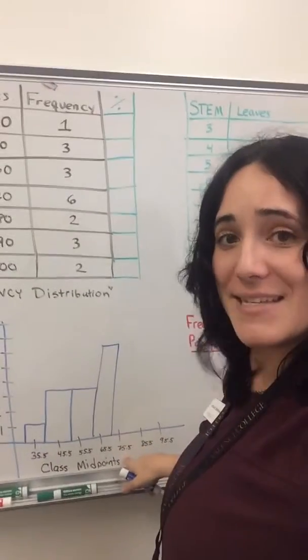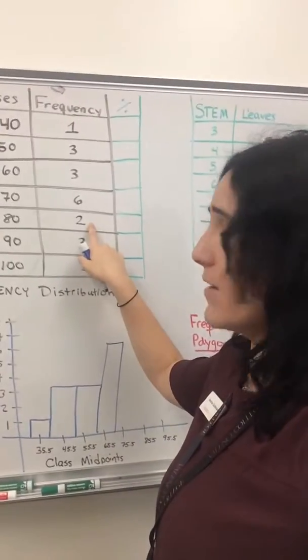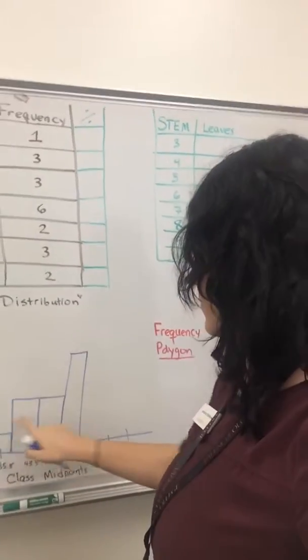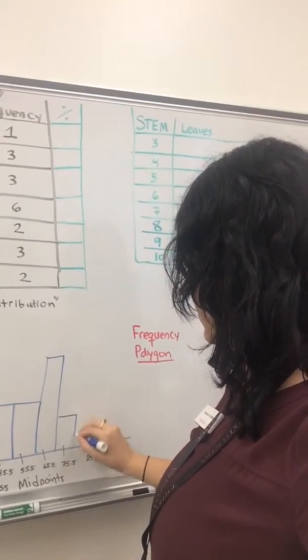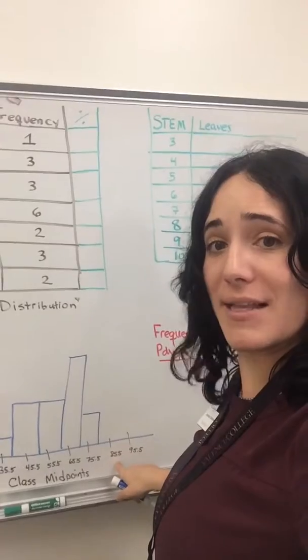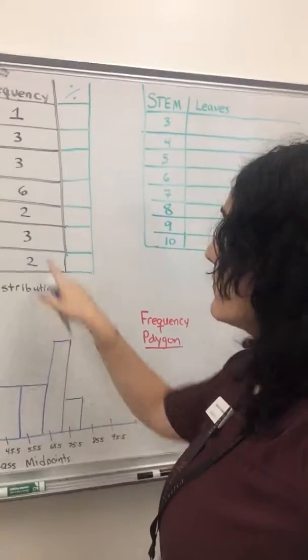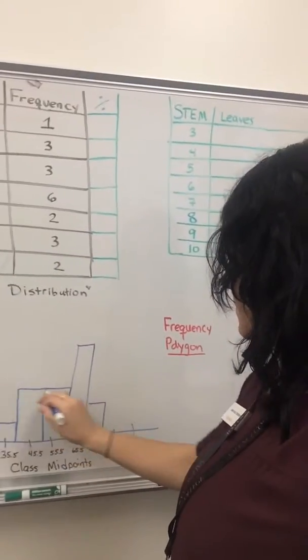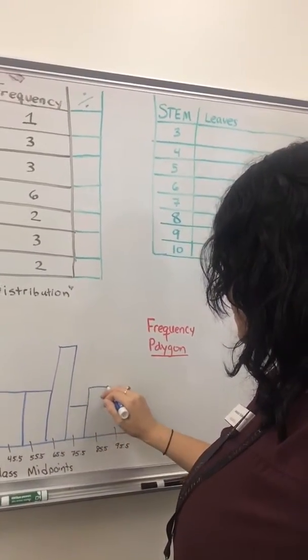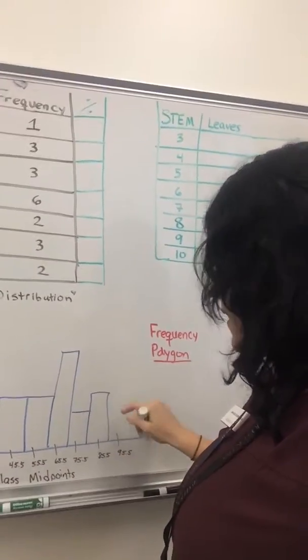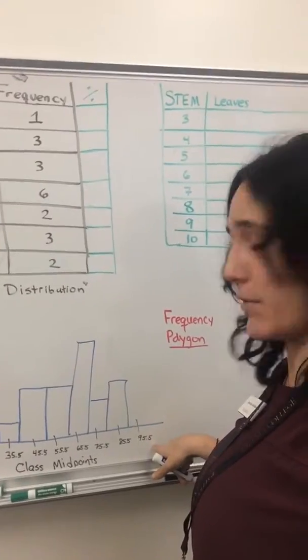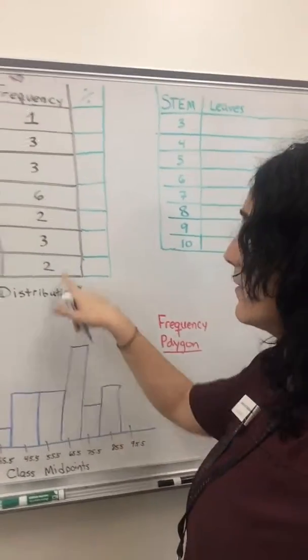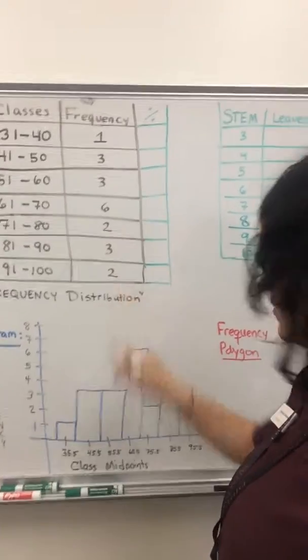Our next bar has a class midpoint of 75.5 and a frequency of 2. Our next bar has a class midpoint of 85.5 and a frequency of 3. And our final bar has a class midpoint of 95.5 and a frequency of 2.